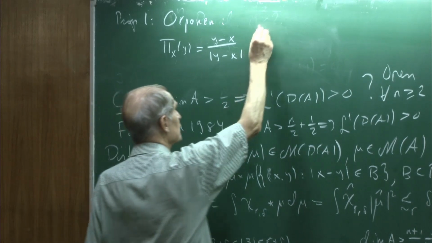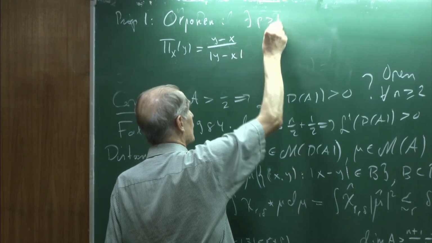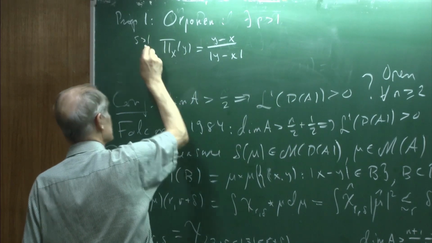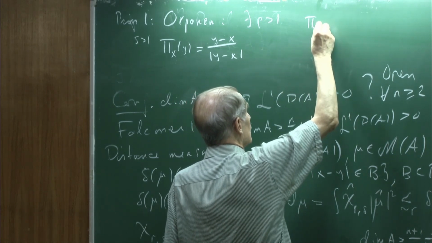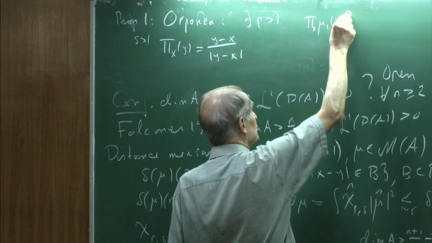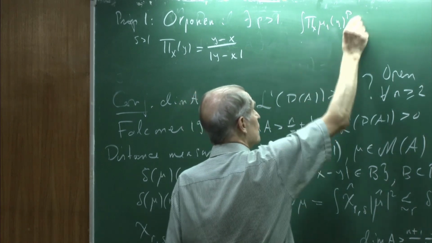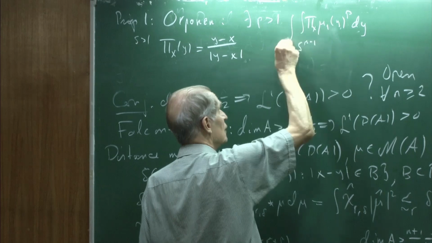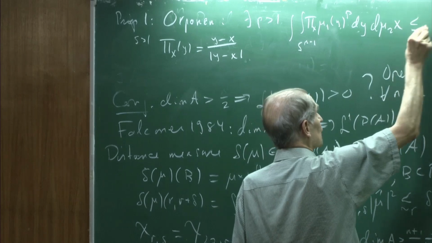And then he proved that if there is p bigger than 1, and when s is bigger than 1, as it is here, then if you take the radial projection from x of mu1 and you integrate this to the pth power over the unit sphere, so you take the LP norm on the unit sphere, and then you integrate with respect to this other measure, then this is bounded.